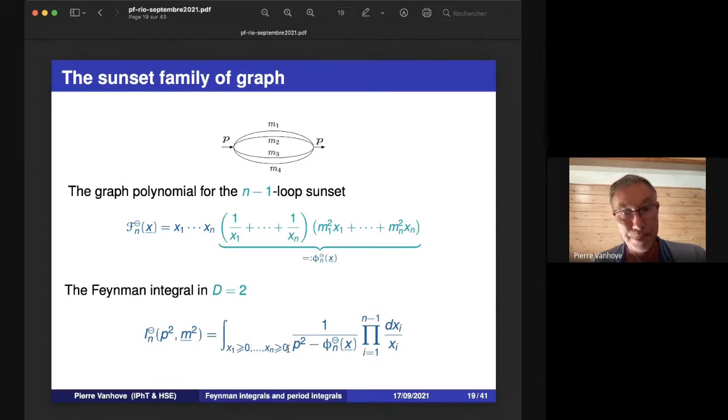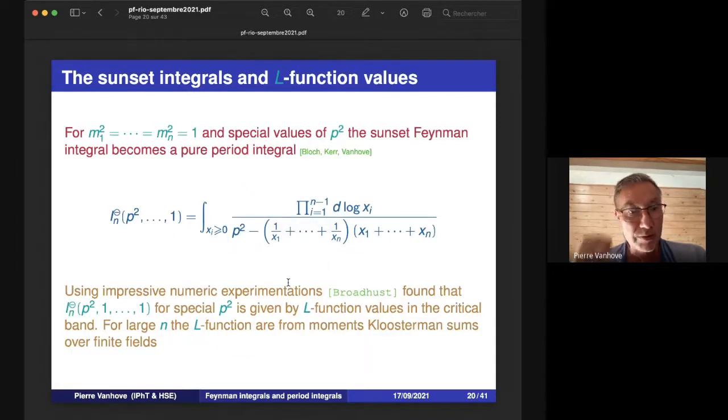It depends on the mass parameters and p squared. Of course, you can scale p squared away and only have the ratio of the mass over p squared, so you really only have n independent parameters. But I prefer to write it this way for a reason that will become obvious.